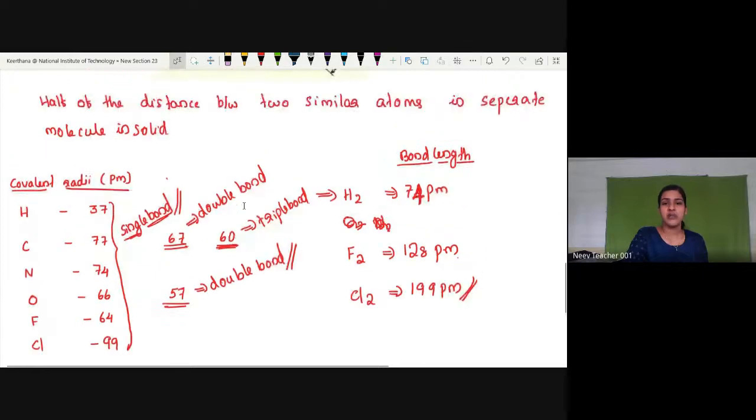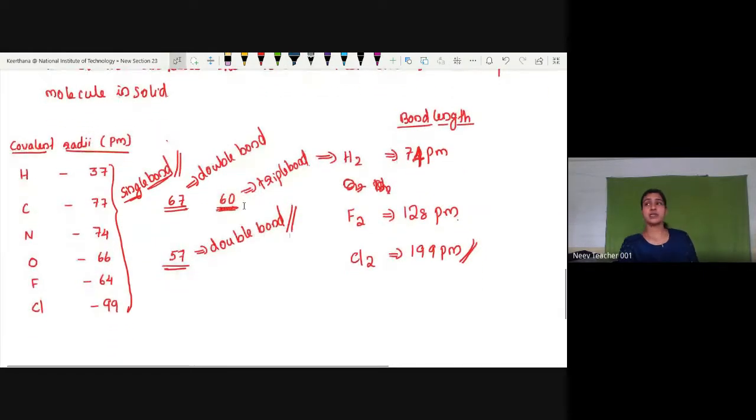So this is about covalent radii and bond length, and so we covered bond order, bond length, and bond energy. Bond enthalpy will be covered in detail in the thermodynamics chapter. Bond energy is the energy needed to break 1 mole of a bond in the gaseous state, I guess.